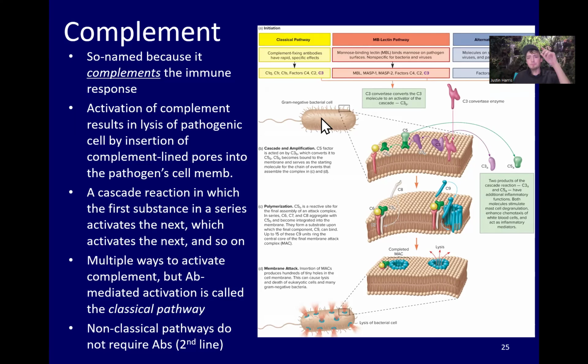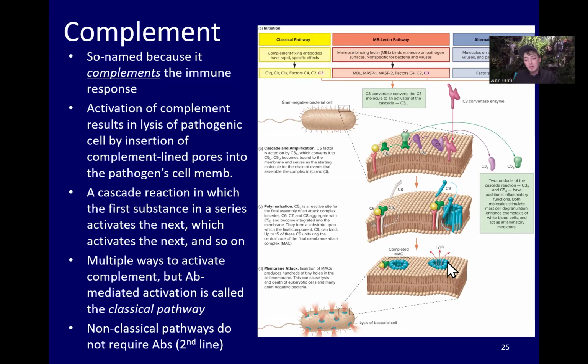But overall, when this pathogen is around and an antibody is present and the conditions are right for the classical complement pathway, there's a couple of different complement pathways. There's the classical, there's the lectin, and then there's the alternative pathway. But anyway, these many different proteins all come together and they form this pore in the membrane of the pathogen.